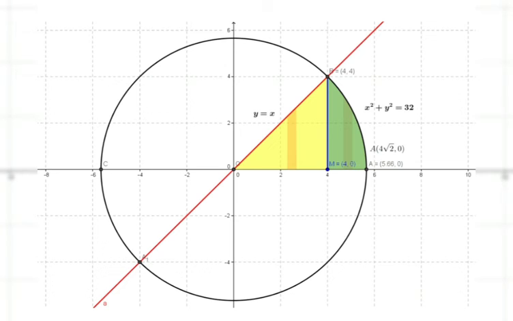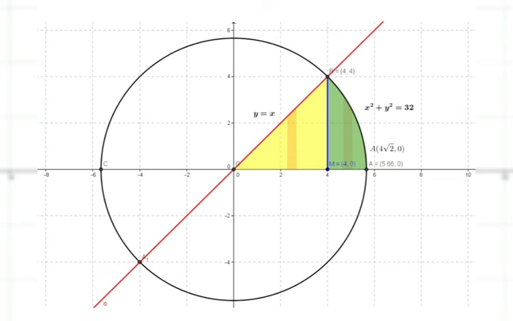So since now we have got the limits, we know also the values of y. Therefore, using definite integrals, we can straight away find out the area of the region shown in yellow color, and also the area of the region shown in green color. So that is what we have done.